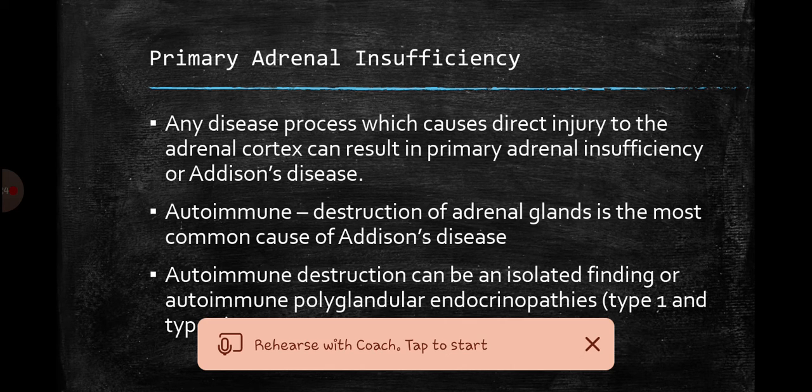Autoimmune destruction of the adrenal glands is the most common cause of Addison's disease. Autoimmune destruction can be an isolated finding or part of autoimmune polyglandular endocrinopathies type 1 and type 2. Patients with autoimmune adrenal disease are more likely to have polyglandular autoimmune syndromes.